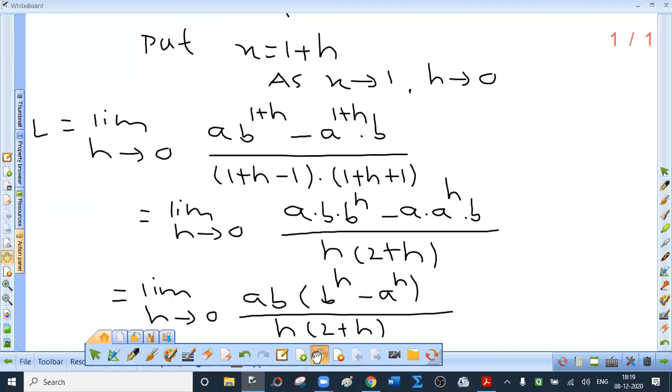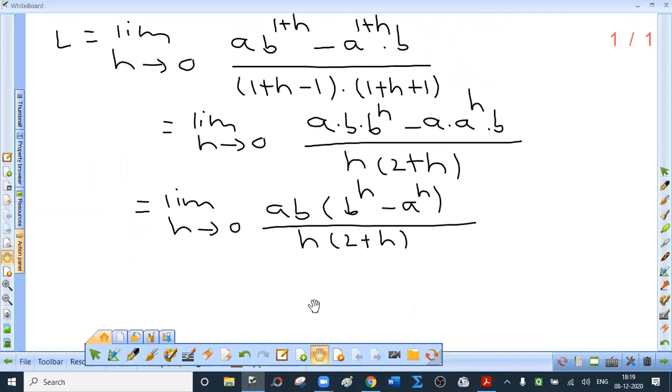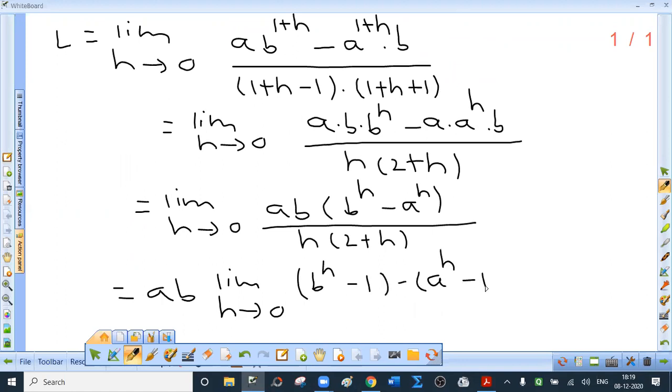Now ab is constant. You can write this outside the limit. So this is ab. Observe this step. Limit h tends to 0. I write this as b raised to h minus 1 minus in bracket a raised to h minus 1.